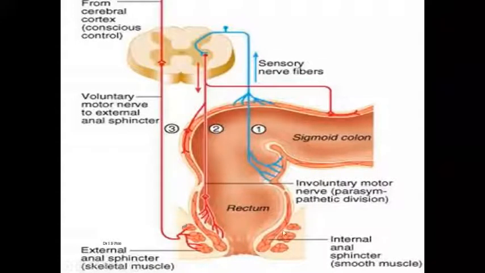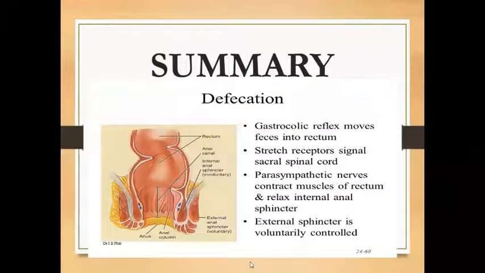But if the environment is conducive, this somatic motor neuron is going to be inhibited to fire an action potential. The external sphincter muscle cells are not going to be receiving any stimulatory information, so they are going to relax. So once they are relaxing, if the internal sphincter muscles are also relaxing, the anus is going to open up, then the fecal material will be pushed to the outside.